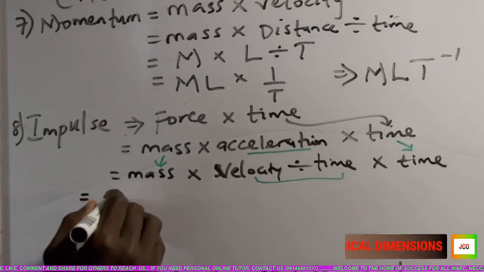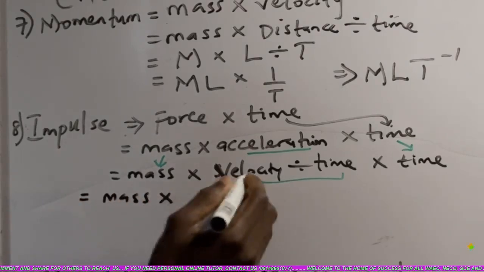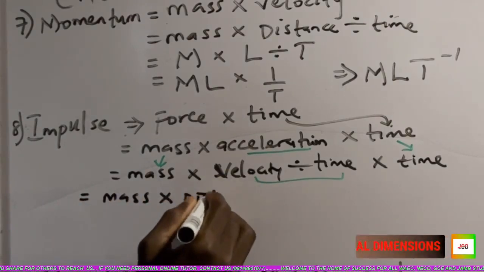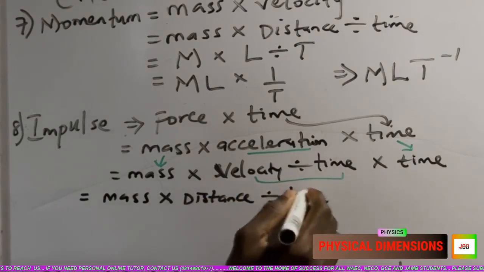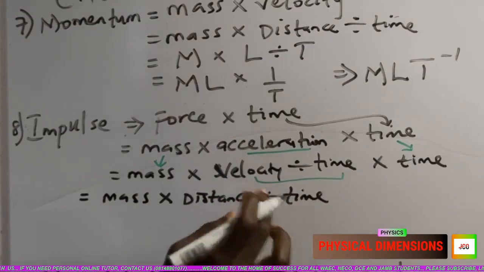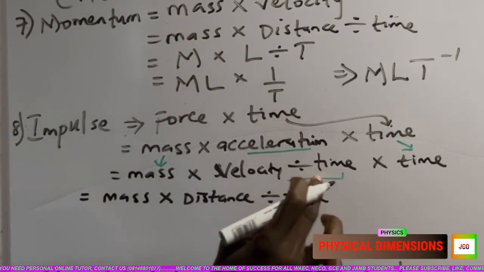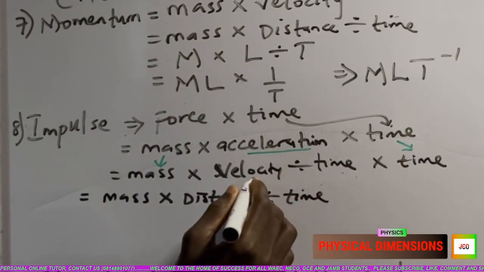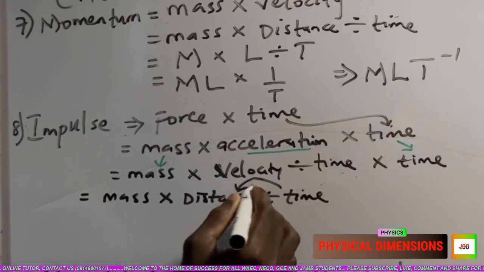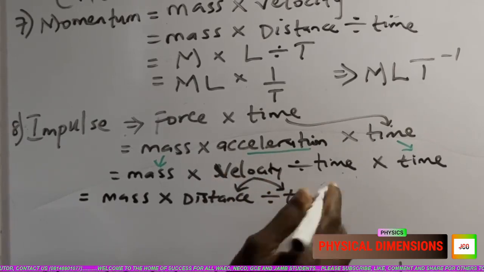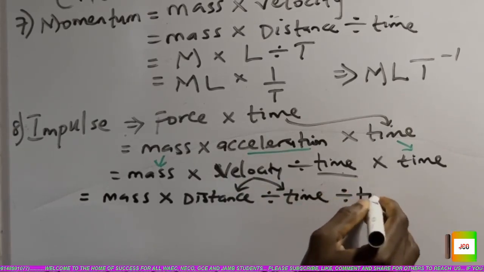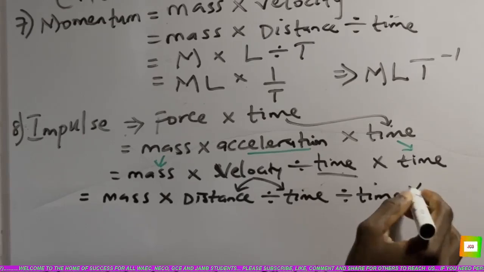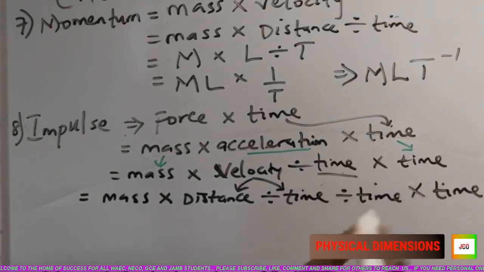So I'm going to have mass times, what's velocity? Distance divided by time. Velocity is distance divided by time. Then this divided by time here is going to come down, divided by time, then times time.